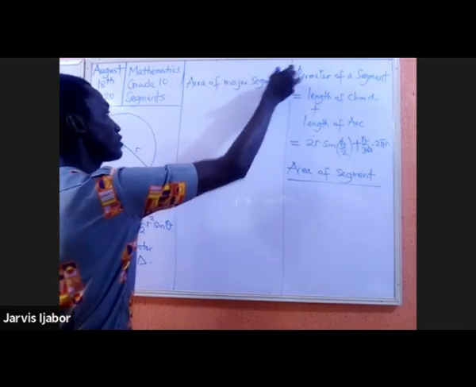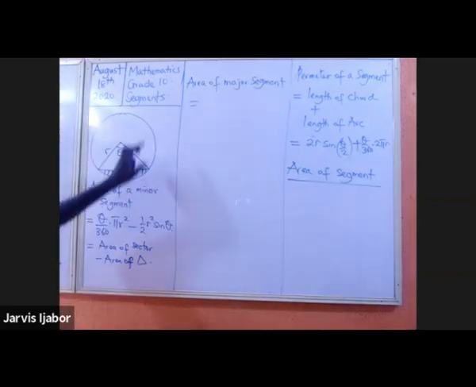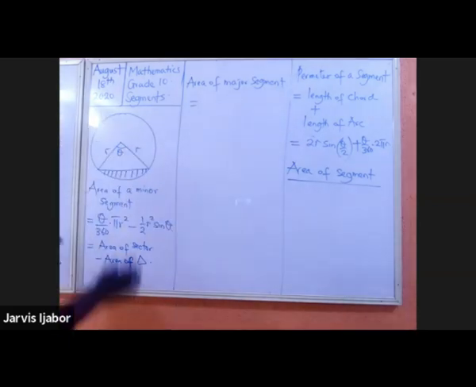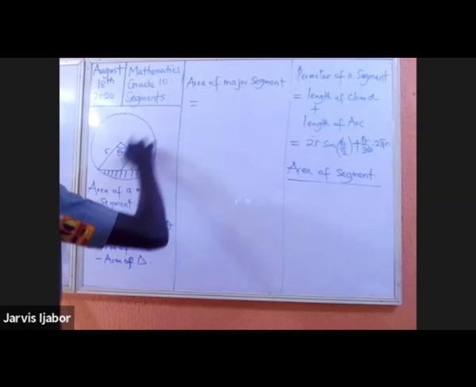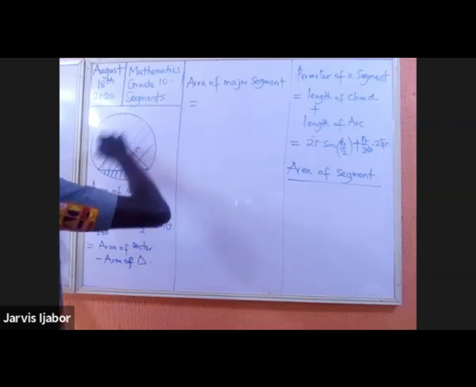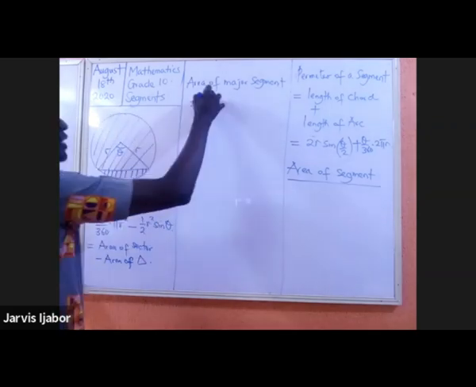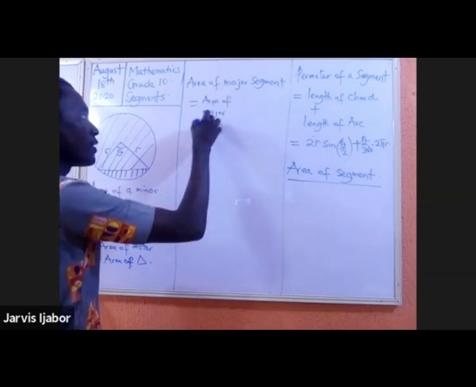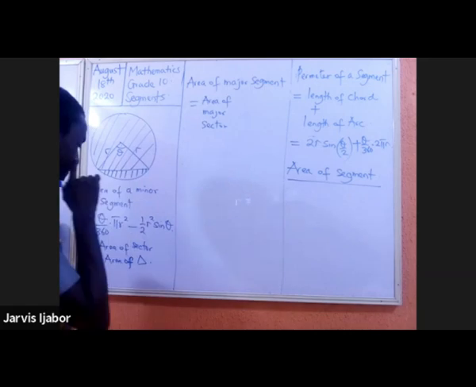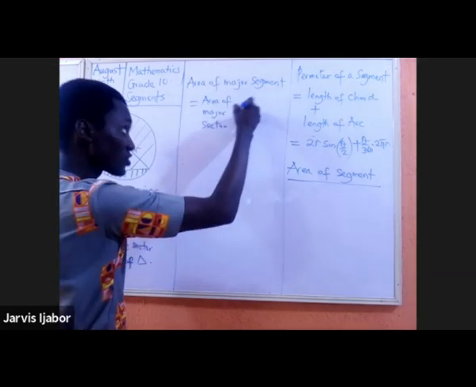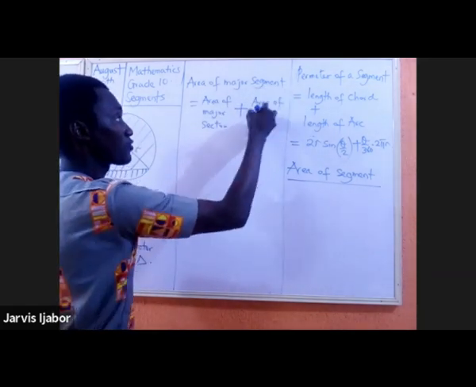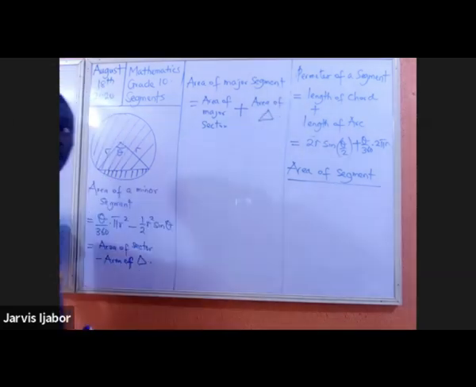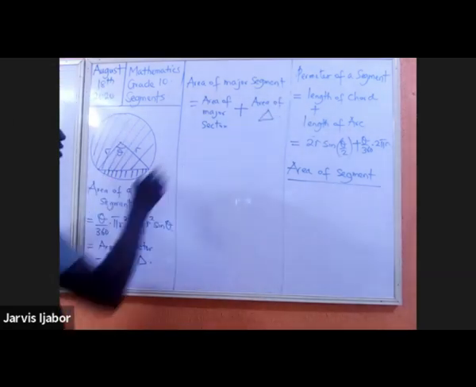If you are going to look for a major segment with this same diagram arrangement, the major segment will now be this. You discover that it's going to be area of major sector plus area of triangle.